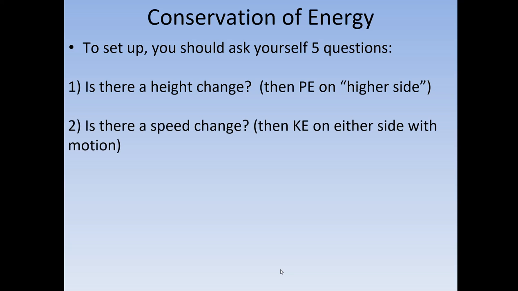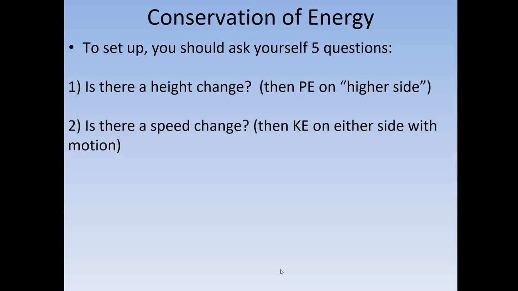The next question is, is there a speed change? Now note, I'm not asking, is there speed? Is it moving? I'm asking, is the speed changing? Does it increase its speed or is it decreasing its speed? And you're going to put kinetic energy on whichever side the object is moving. So if it starts at rest and then it ends up moving, you'd put kinetic only on the final.